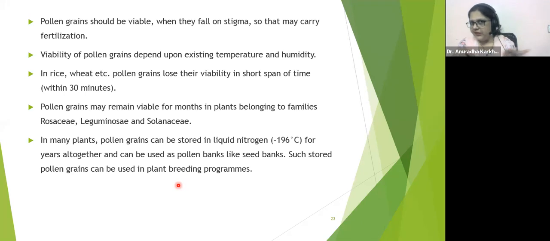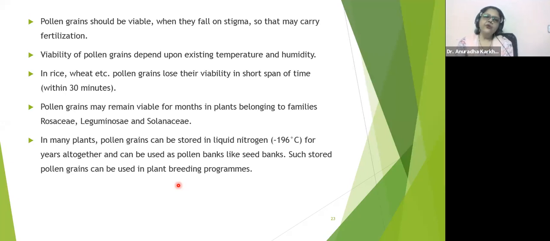So the pollen grains of these three families have a viability of months, while rice, wheat, etc. is only 30 minutes. In many plants, pollen grains can be stored in liquid nitrogen at -196 degrees Celsius for years altogether and can be used as pollen banks like seed banks.